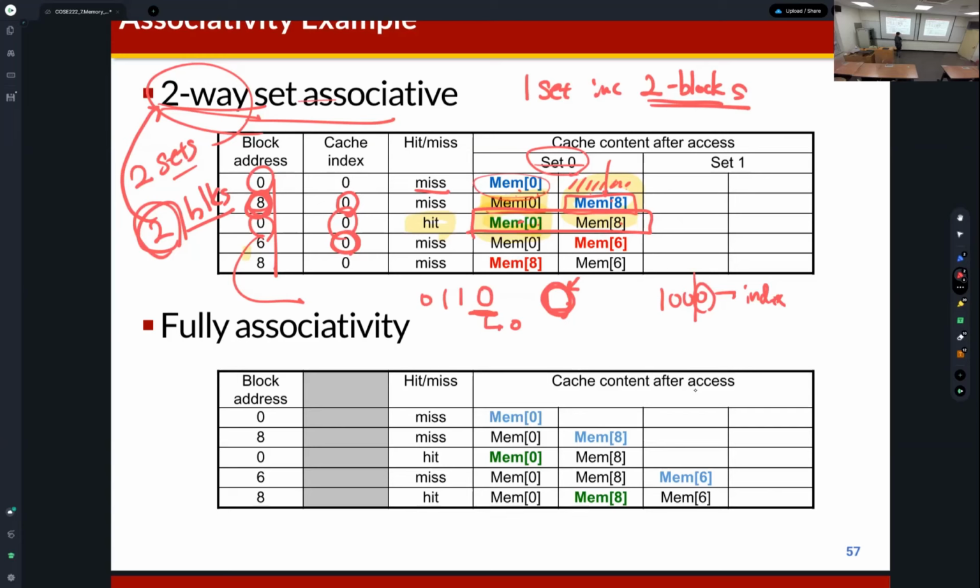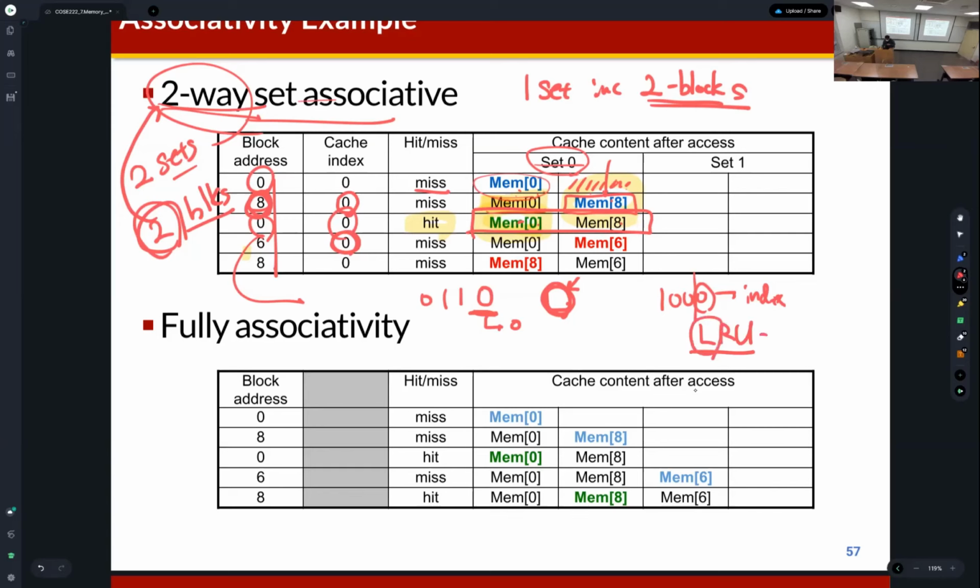This is the cache replacement policy. In the direct map cache, one set has only one block, so we don't need to consider the replacement policy. But if a target set includes multiple blocks, then we need to decide which block to evict. Actually, we frequently use the LRU policy.